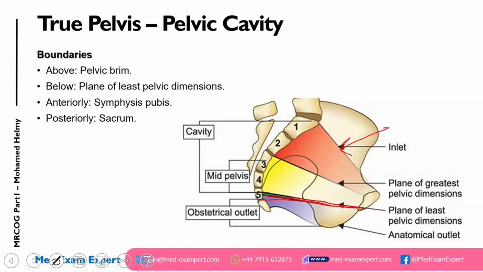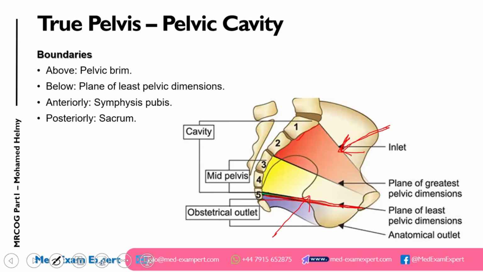This means that these are the lowest or least pelvic dimensions we have in our pelvis. I'm going to tell you the boundaries of this plane in a while. But remember, above we have the inlet, below we have the plane of the least pelvic dimensions.